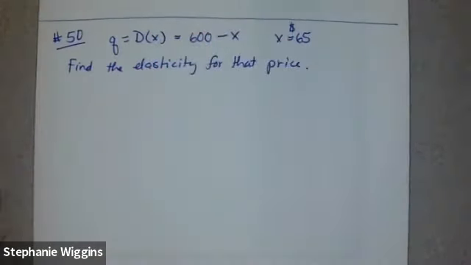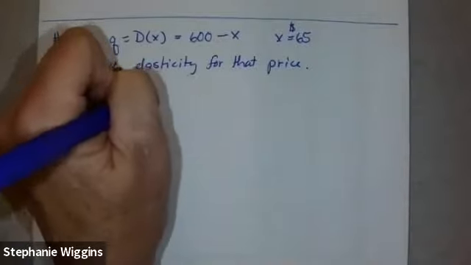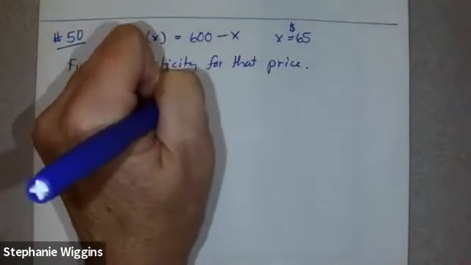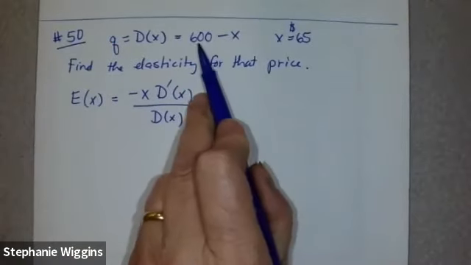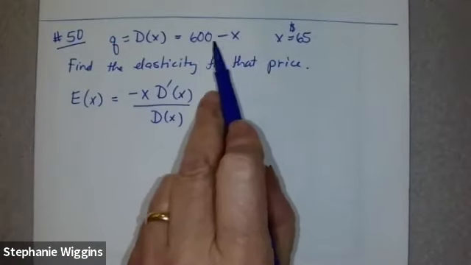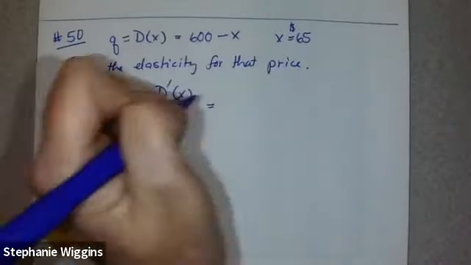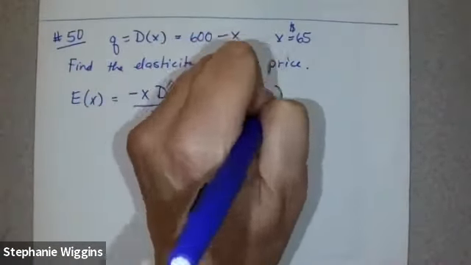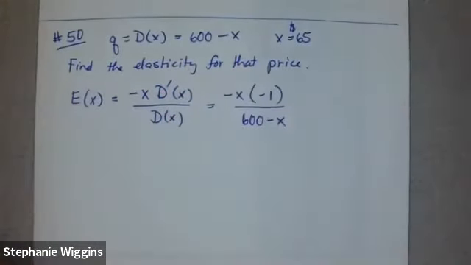So it's the same as what you would do in the last problem. This time, you're just plugging in a number at the end. So again, the elasticity is minus x times the derivative of your demand function. The derivative of the demand function is -1, right? It's linear, so it's just the slope. So you get negative x times -1 over 600 minus x.